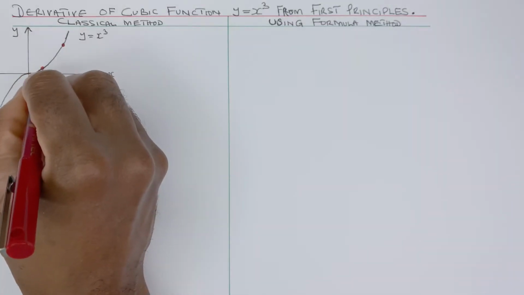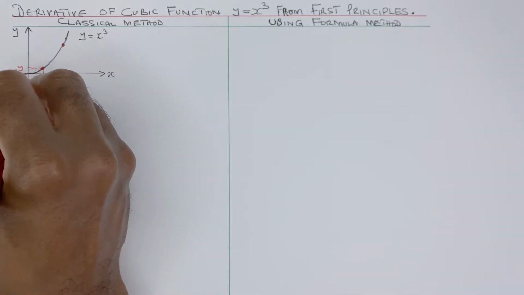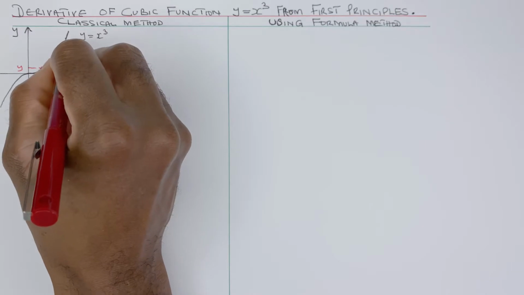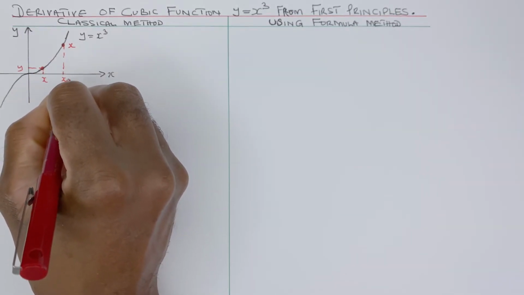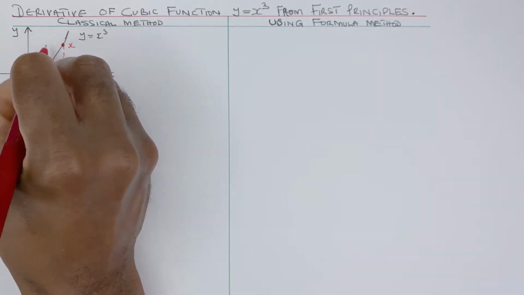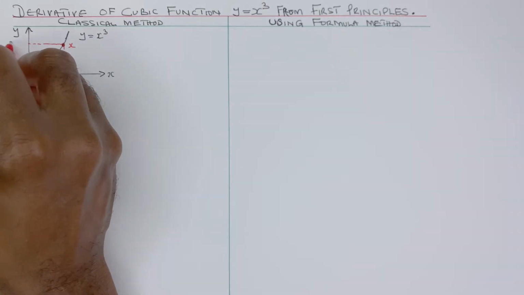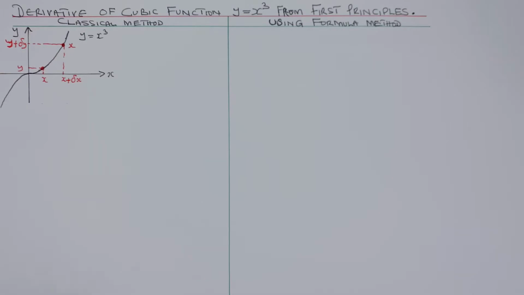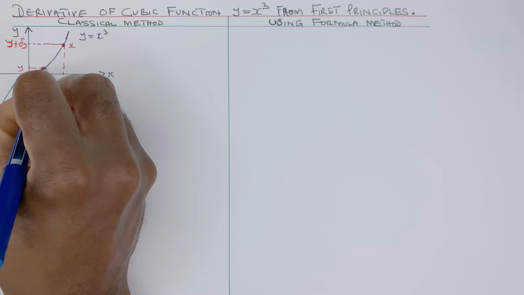So this point will have a coordinate of x, and that point here will be y. And this point here, let's just say is another point, so that will be x plus delta x. And if I draw that line there, that will be y plus delta y. Delta means small change, just a tiny little bit of change.